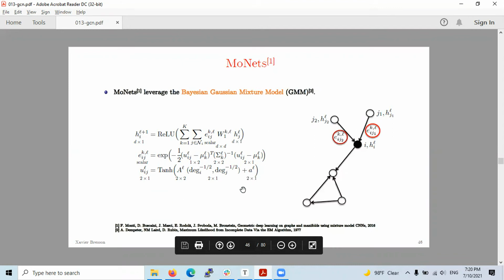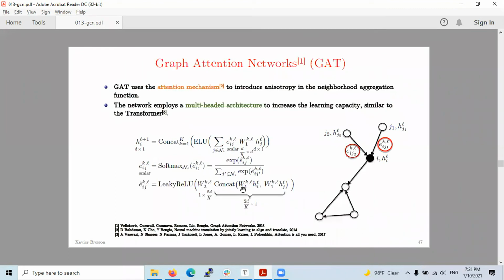If someone has something to add on this, please feel free. And then going to graph attention networks, wherein the GAT uses the attention mechanism.